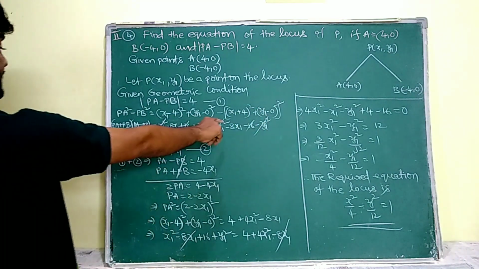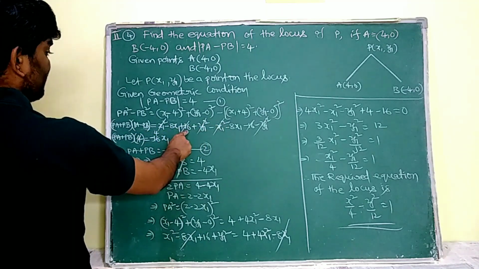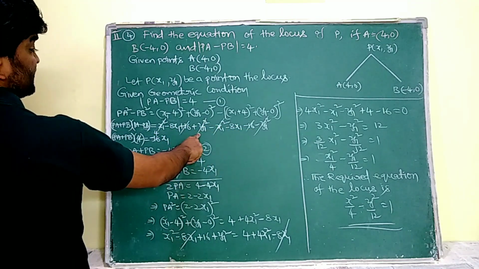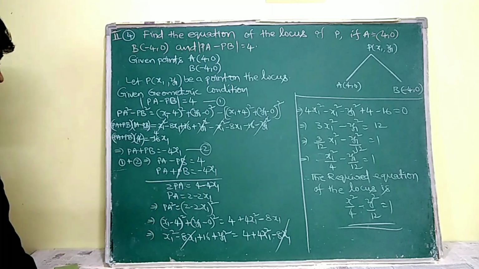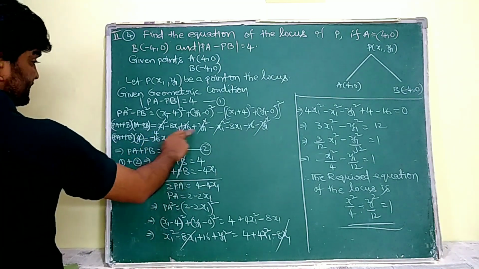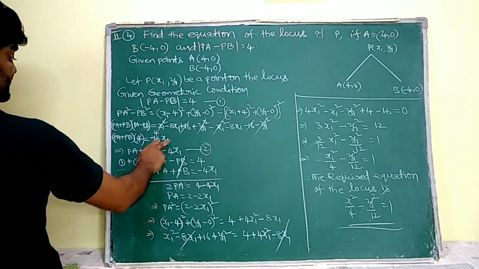So here x1², 16, y1² are going to be cancelled. Here -8x1 - 8x1 gives -16x1.